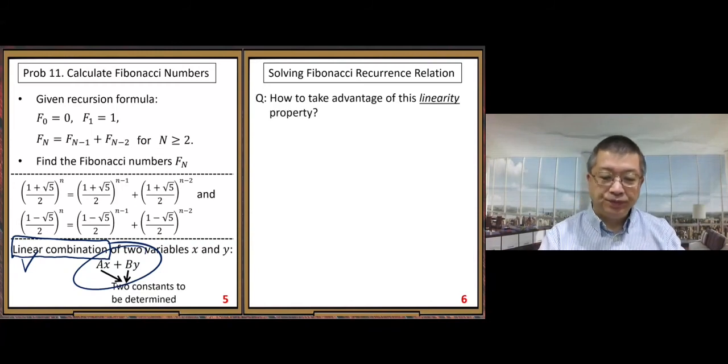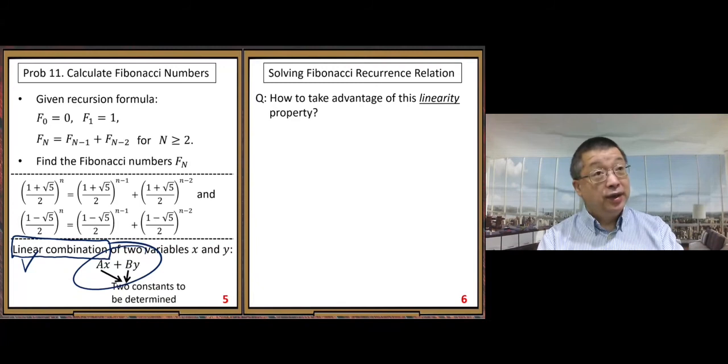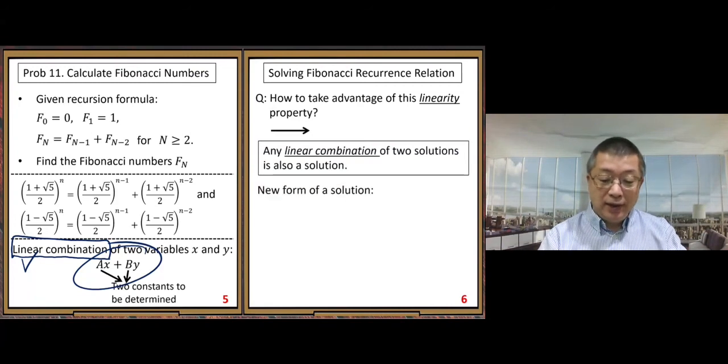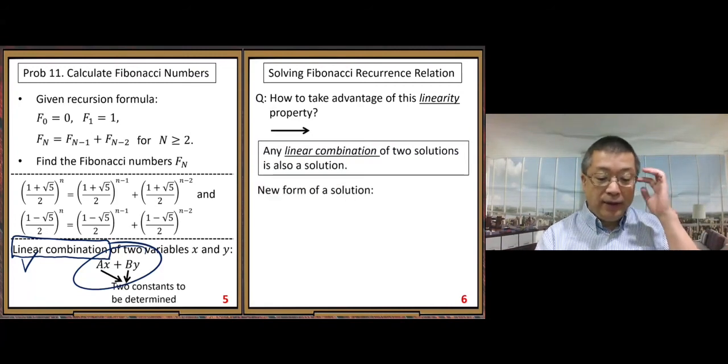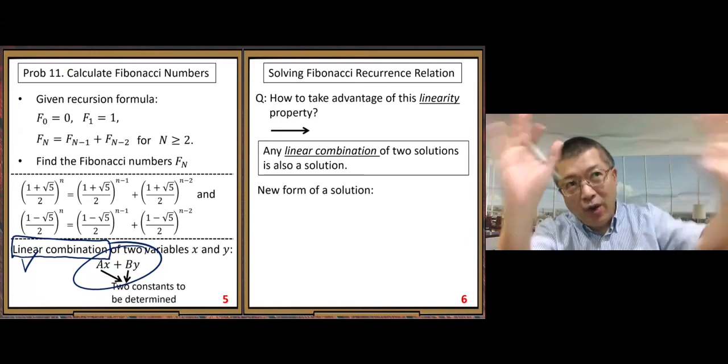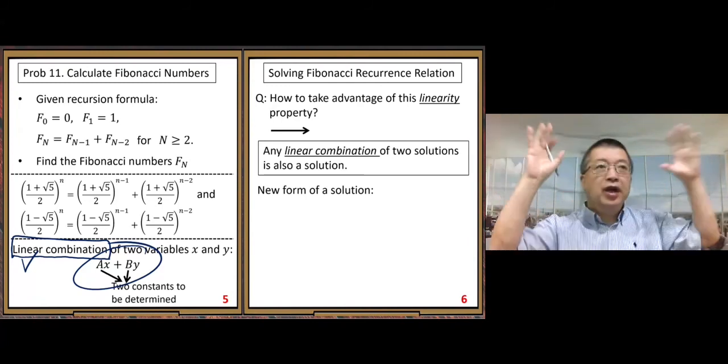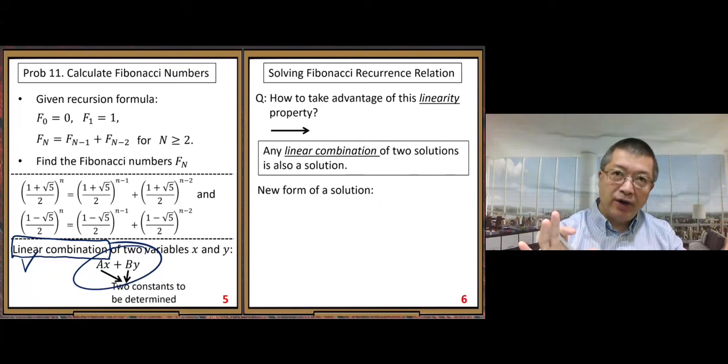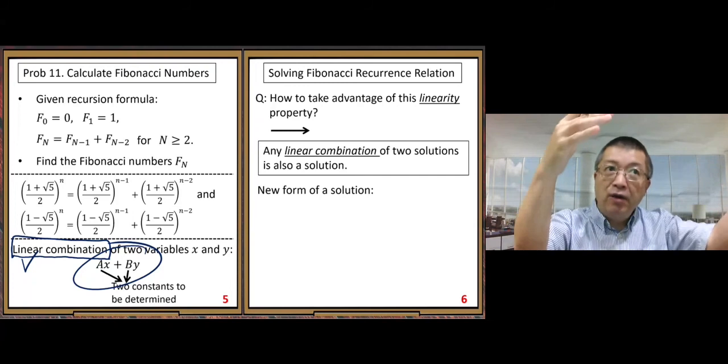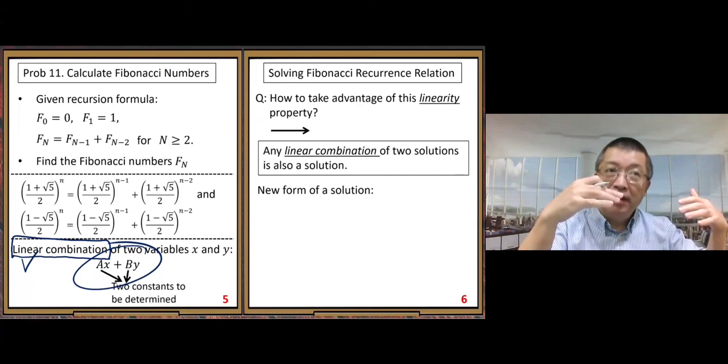All right, how do we use that linear combination? Linearity property. Our solution has the linearity property. Solution 1 satisfies the recurrence relation. Solution 2 also satisfies the recurrence relation. Then, because that is a linear recurrence relation, it has the linearity property.